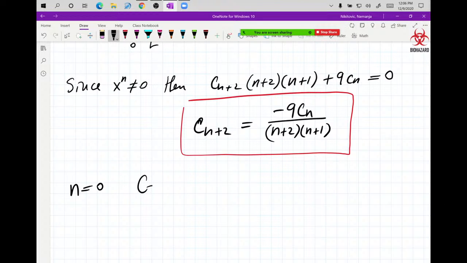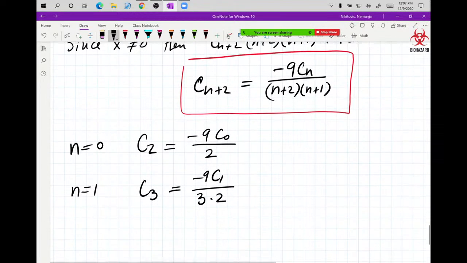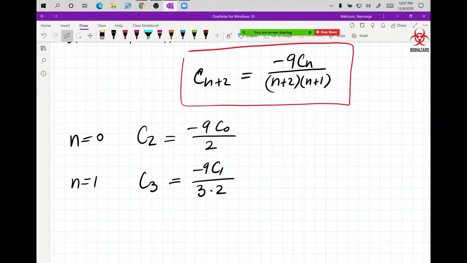Plug n equals 0, you get C2 as negative 9 C0 over 2 times 1, so just 2. When n is equal to 1, you get C3. That's negative 9 C1 divided by 3 times 2. Ooh, we are already developing factorials. You need to pick that up immediately.